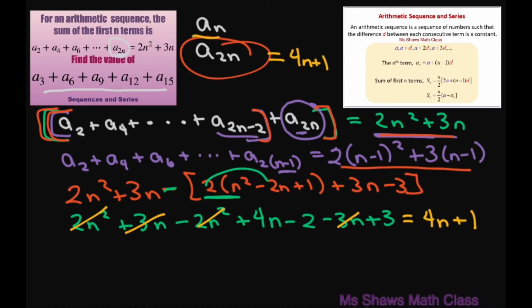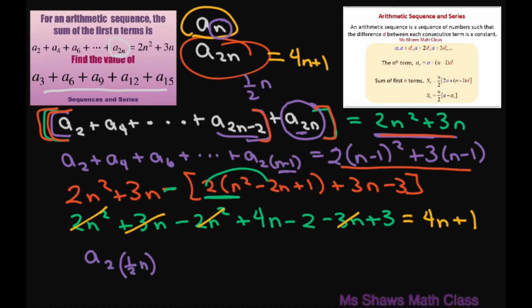Now to get a sub n, which is what we want, we're going to substitute in 1/2 n for my n here. So it's going to be 2 times 1/2 n.